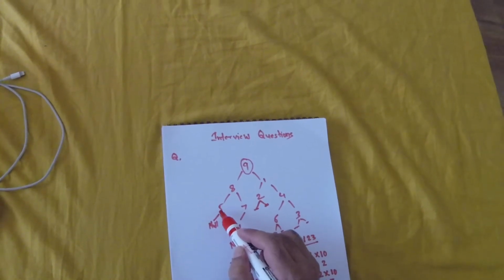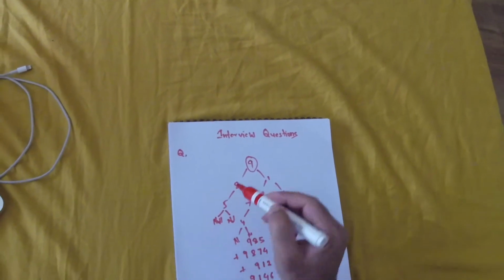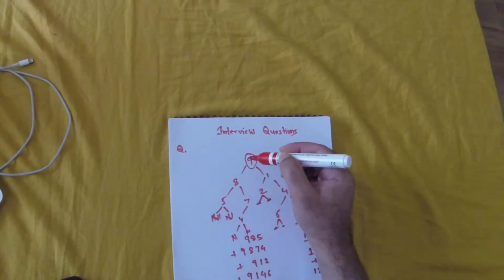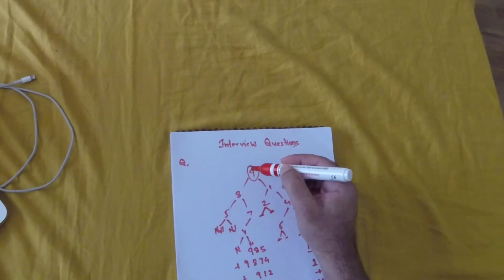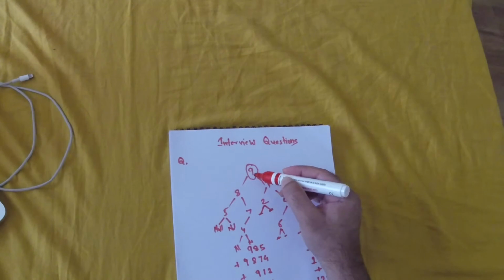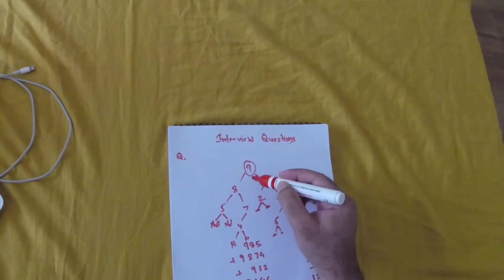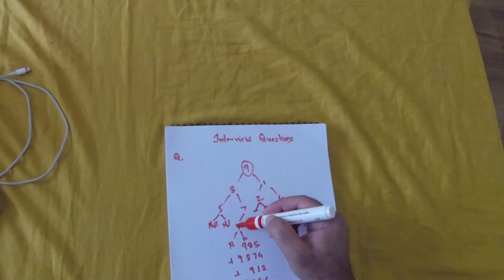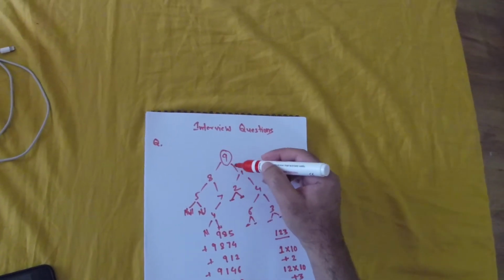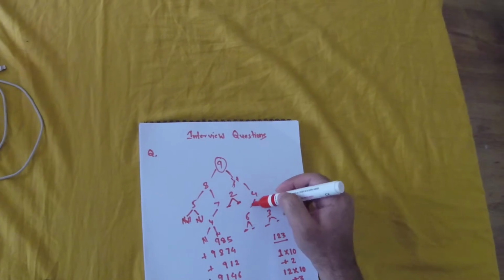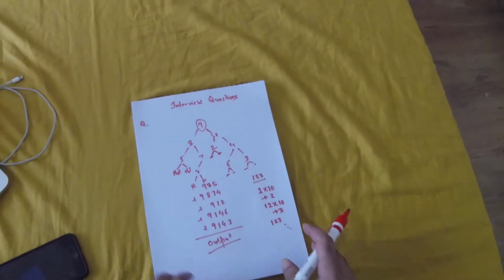Then we will return 985. Same for 9874. We will repeat the same thing in this path also, and similarly for all the paths.